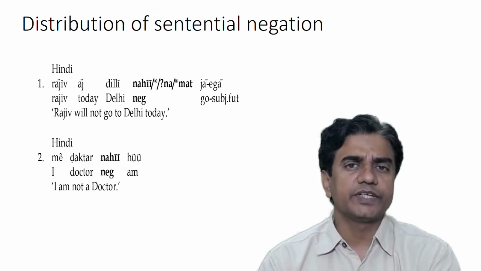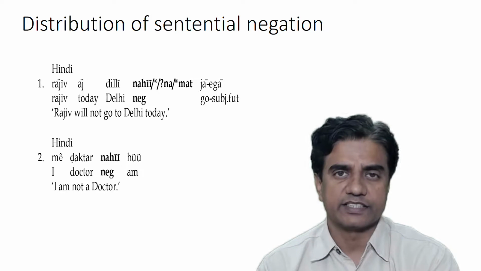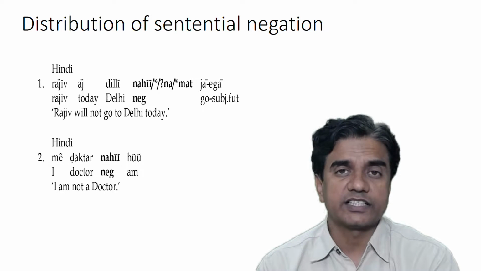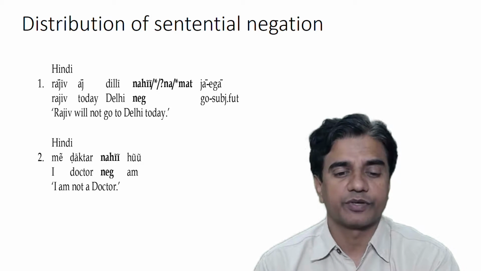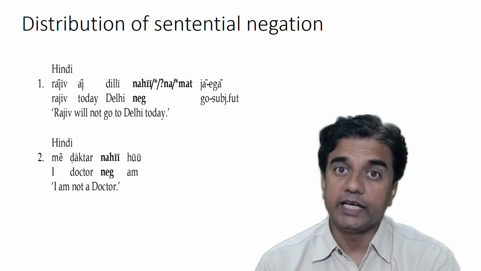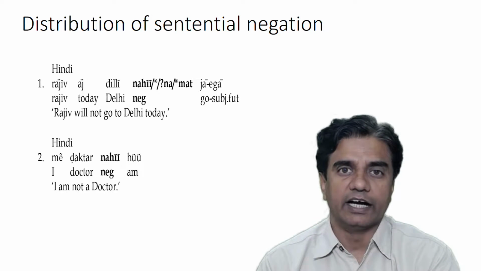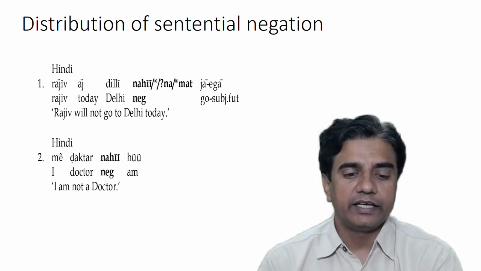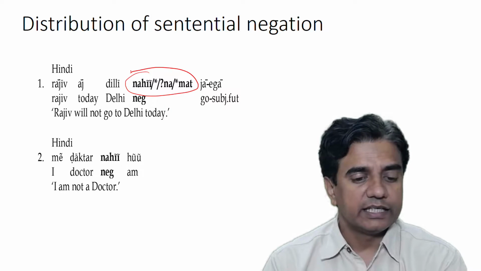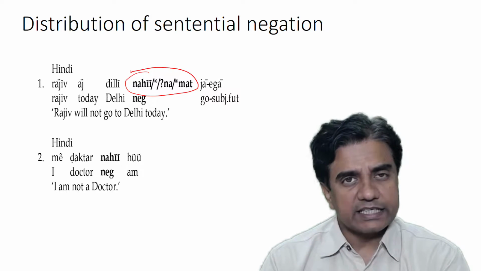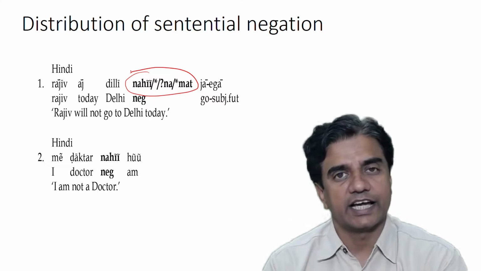Let's look at some examples to understand the distribution of negation in South Asian languages. We take examples from Hindi to understand the distribution of negation in particular. There are three negative markers in Hindi. They are nahi, na, and mat. As you can see, sentence number 1 is grammatical when it is read as Rajiv aaj Delhi nahi jayega.